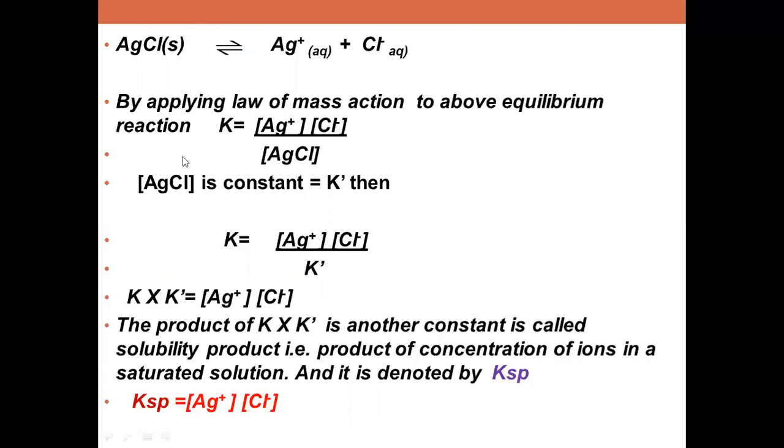Then this equation can be written as K is equal to concentration of Ag+ into concentration of Cl- upon K dash. Now K into K dash is equal to concentration of Ag+ into concentration of Cl-.